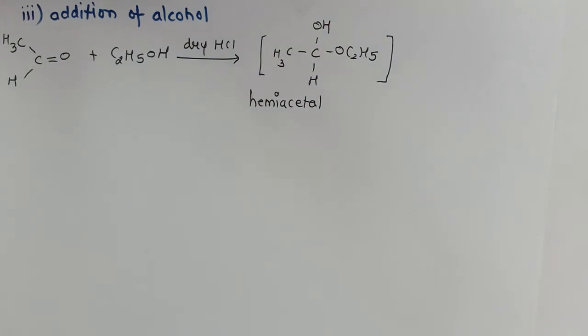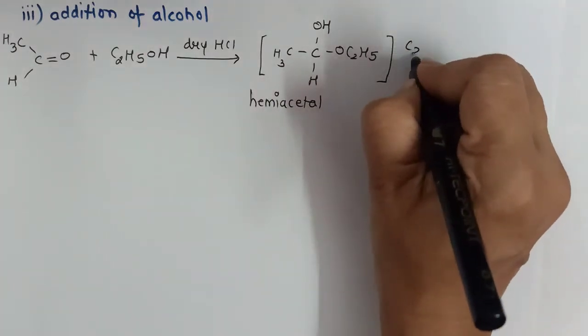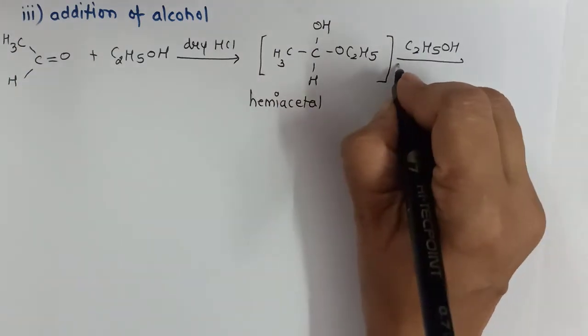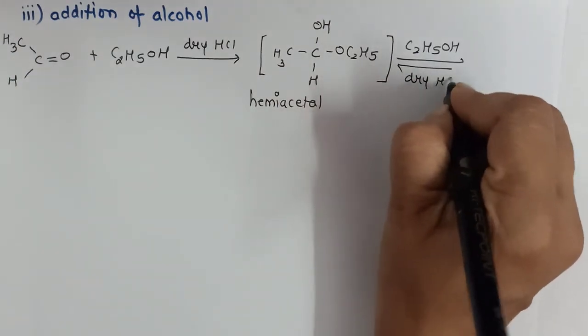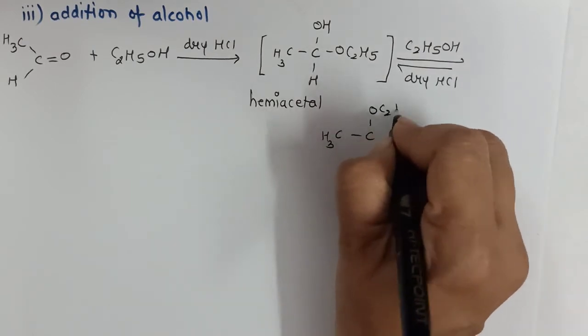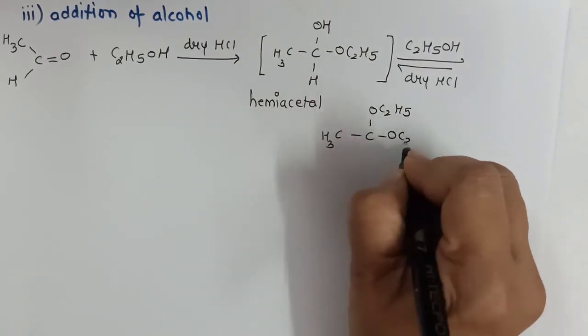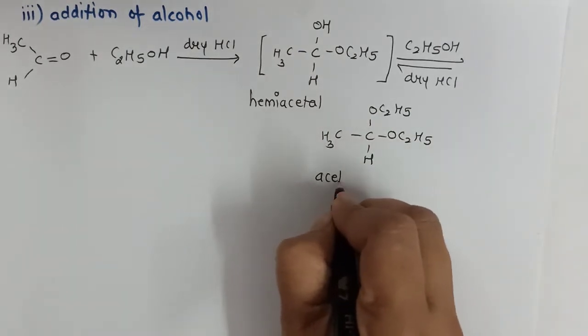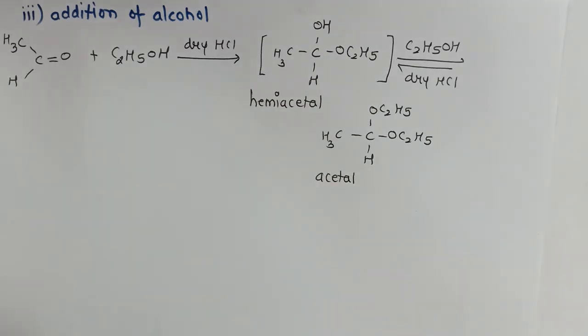What is a hemiacetal? It is a gem alkoxy compound. Now this, when further treated with one more mole of ethanol in presence of dry HCl, we get a dialkoxy compound, and this product is called an acetal. Now the definitions of hemiacetal, acetal, cyanohydrin and all these are asked, which I am going to show you just after explaining the next reaction.